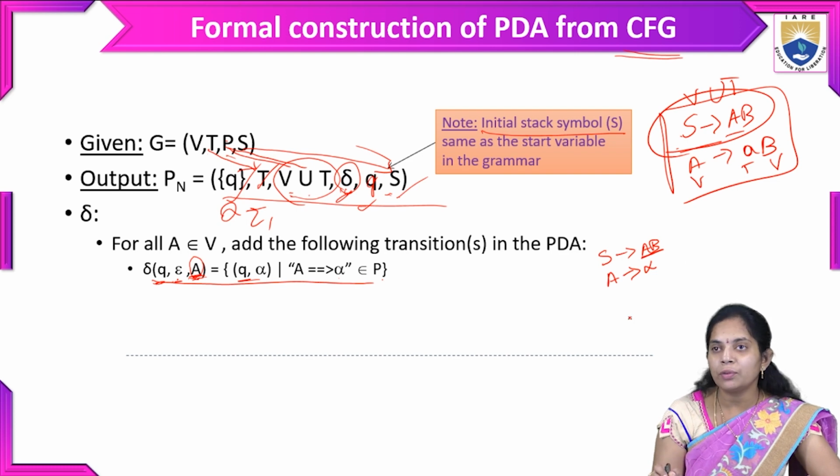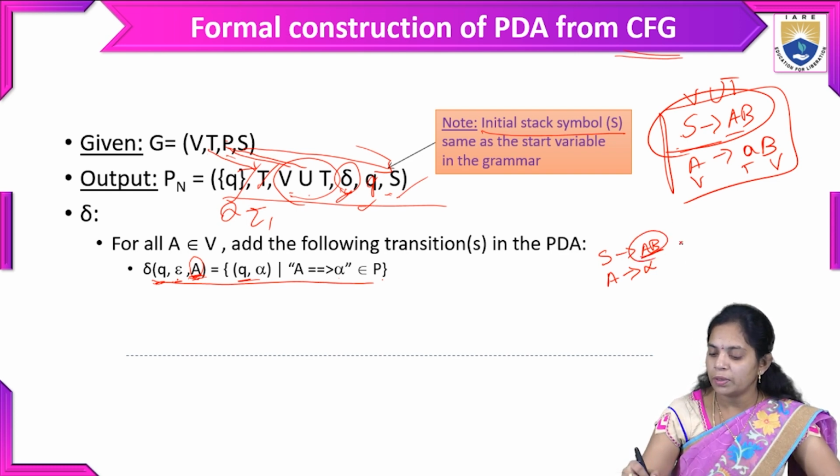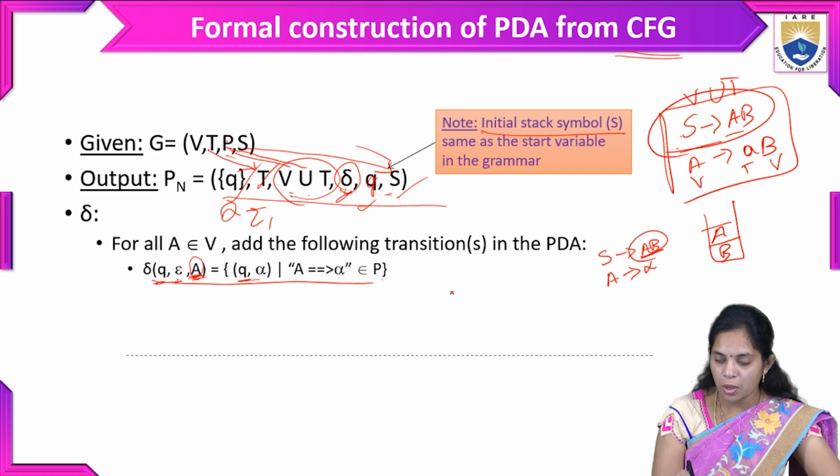So what we have to do in the step-by-step process is push those symbols into the stack. How to push this? The right-hand side of the production rule we can convert into the stack symbols.